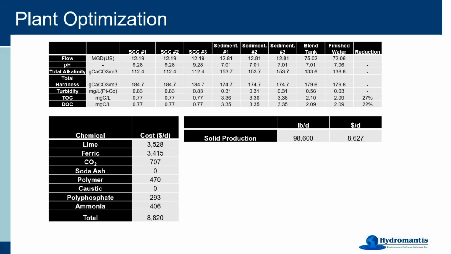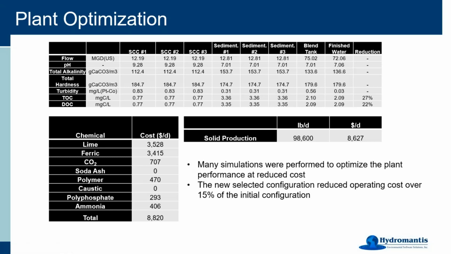Not only the chemical, but the solids production is also one of the important considerations. We can definitely keep on adding a lot of chemicals, but the side effect of that is, of course, producing a lot of solids. And that can be a very big component in the operating cost. So that was combined together with the chemical cost. That was one of the criteria to assess what is the best configuration.